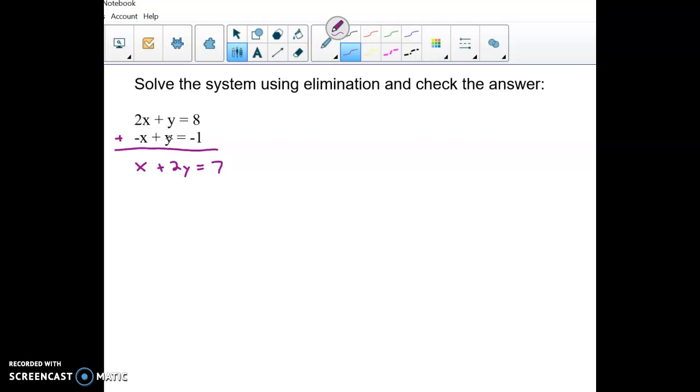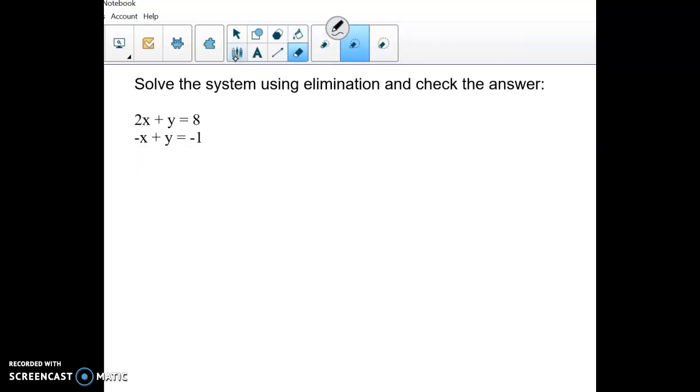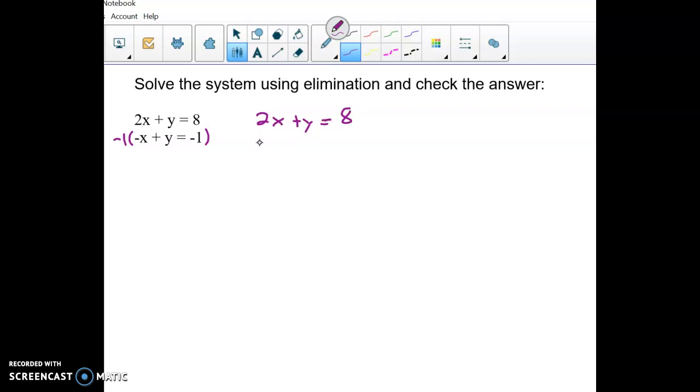Or we could take it times negative 1, and then we'd have positive y and negative y. It really is whatever you want to do, but I'm going to take this one and just multiply by negative 1, so that the top one is still the same as before. The bottom one will still be the same equation, it'll just look different now. It'll have a positive x, a minus y, and then positive 1.